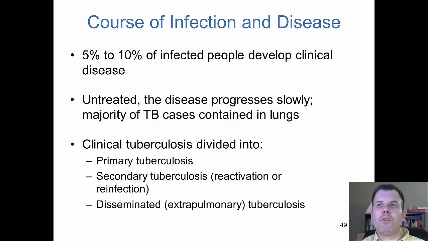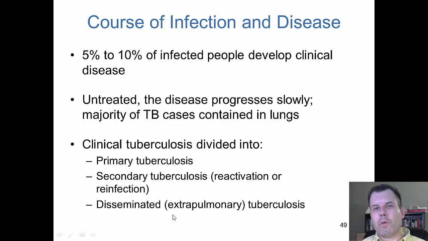And again, left untreated, it progresses very slowly, and it remains contained in the lungs. Okay. Again, clinical tuberculosis can be divided into three stages. You have the primary, which is the initial infection of TB. That will either go away or get walled off by the body. You can have a reactivation of the disease later in life, which is called secondary tuberculosis if it stays in the lungs. And then you have disseminated, which means it leaves the lungs.